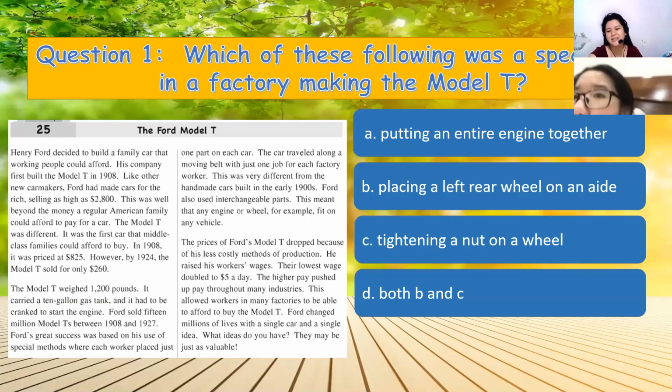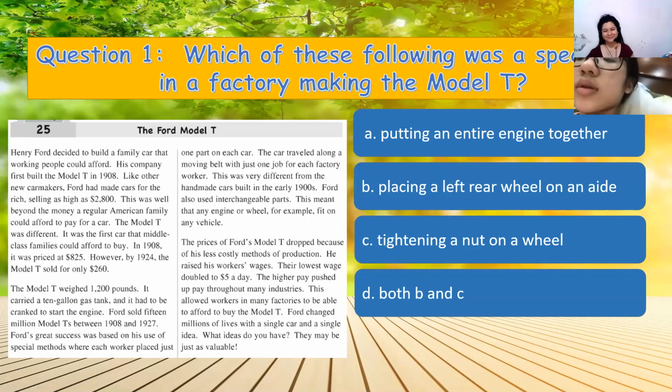This is the exercise based on the story. Okay, these are questions based on the story, the Ford Model T. Now, which of these following was a special job in a factory making the Model T? Is it putting an entire engine together, placing a left rear wheel on an axle, tightening a nut on a wheel, or both B and C?